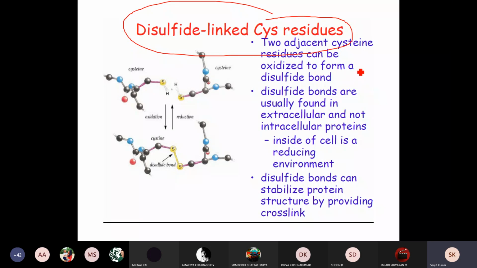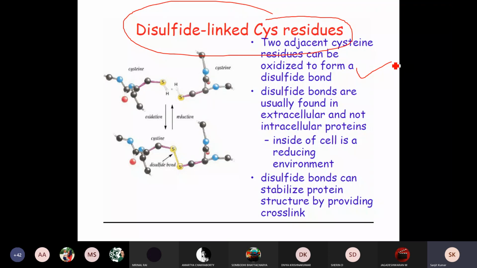Do you people know these things? Can you please repeat? Two adjacent cysteine residues can be oxidized to form a disulfide bond. Yes, sir. Okay, very good.